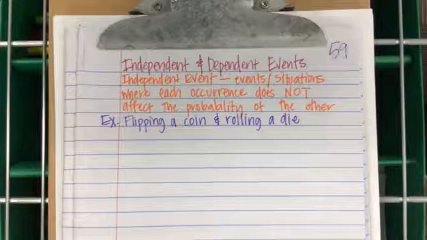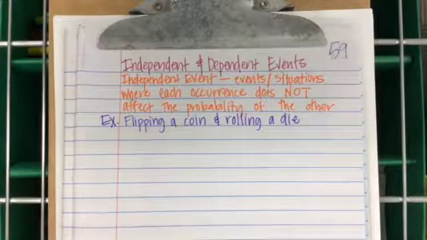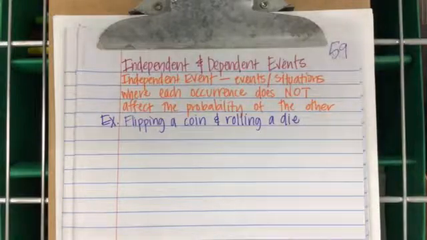No, they're totally separate. Drawing a card from the deck and guessing a number between 1 and 100. Do those influence each other? No, they're independent of each other. They don't affect each other.